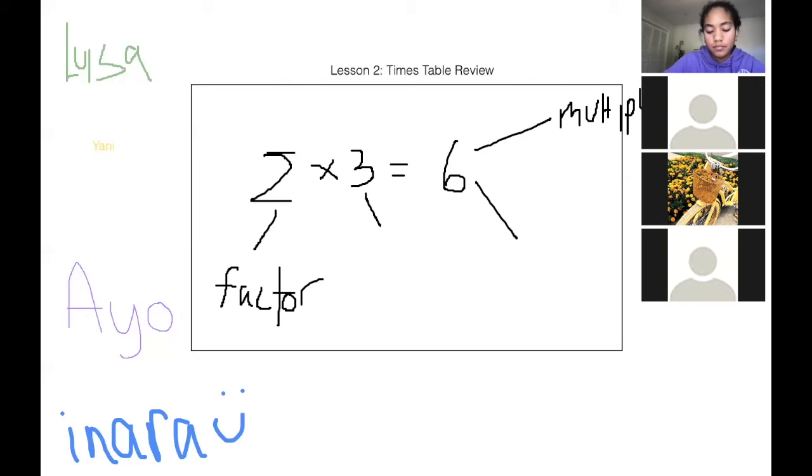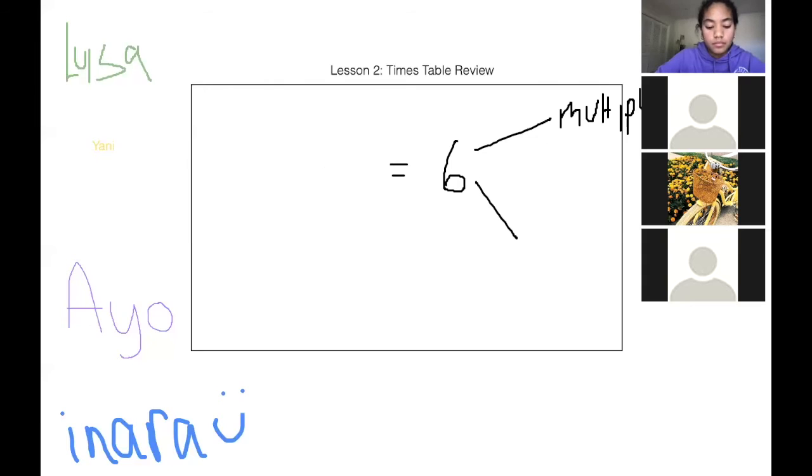And so there are a couple of rules to go over, and they might seem like a lot at first, but they get a lot easier once you just keep doing it. And so for the first one, multiples of 2 always end in an even number.